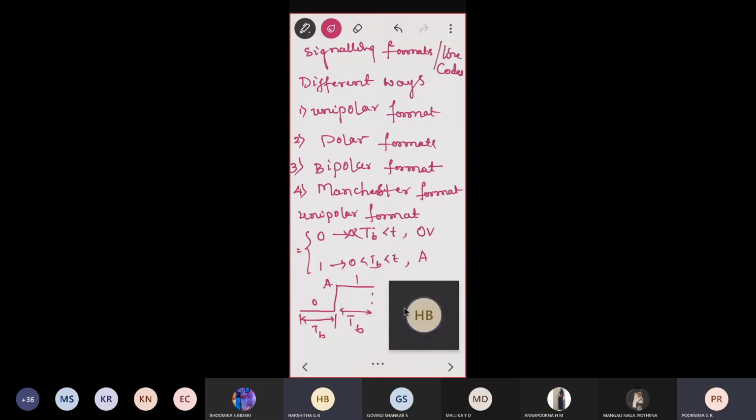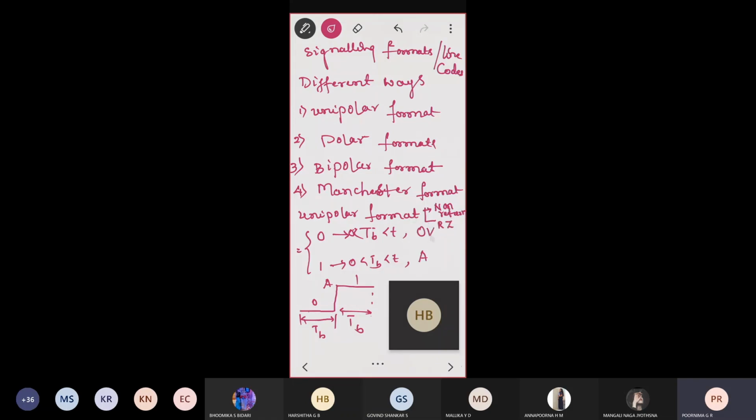Yes, ma'am. Here in this unipolar format, 2 types are there. What are those two? Non-return to 0 and return to 0. I'll represent them as NRZ and RZ.